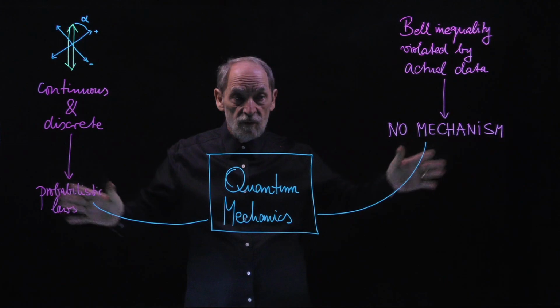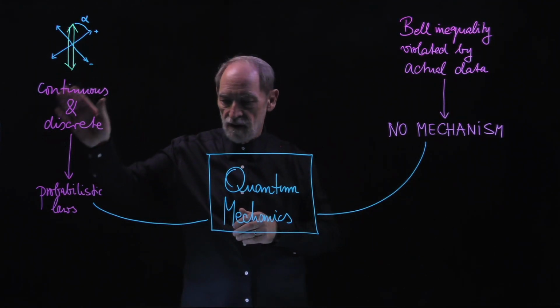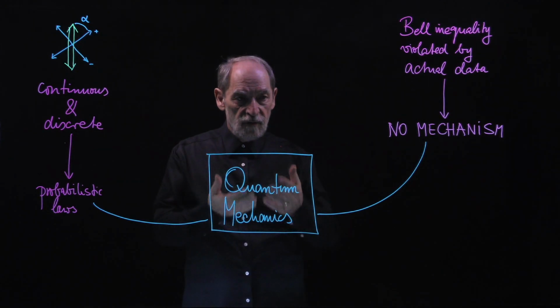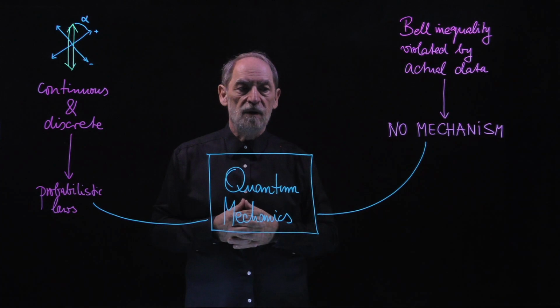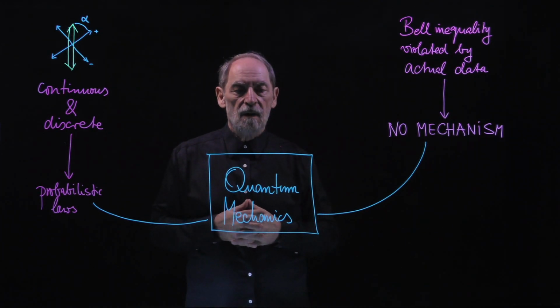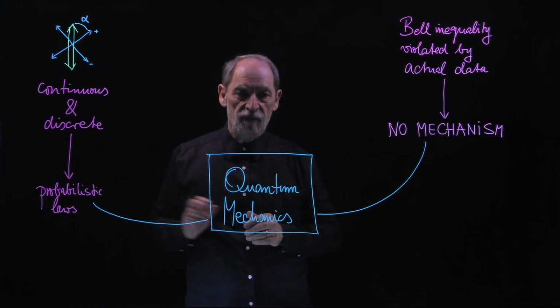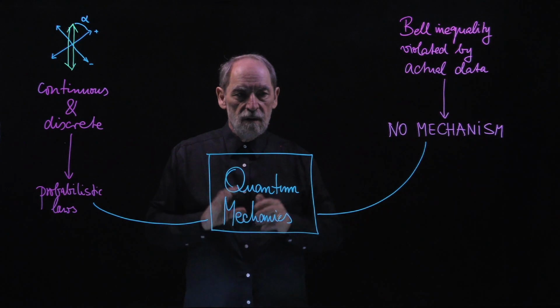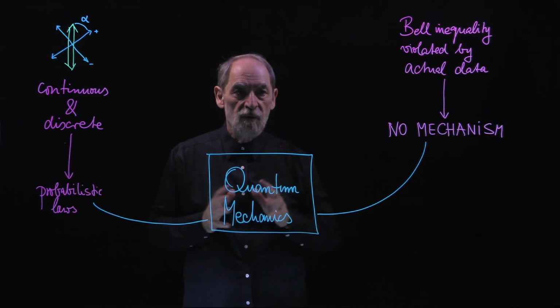Now, putting all of this together, in particular, the union of the continuous and the discrete, gives us the formalism of quantum mechanics, which is the useful machinery to talk about physics at the atomic level. And that necessarily leads to probabilistic laws of physics. This is a brutal fact of life, and we have to learn to live with it.